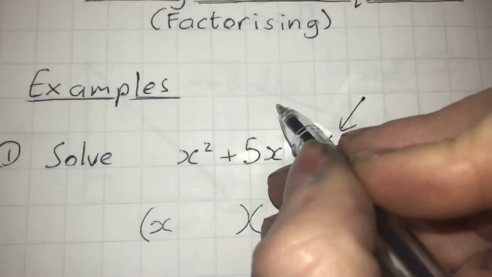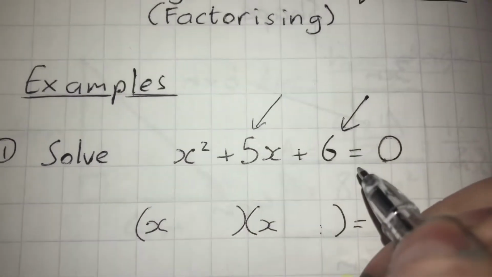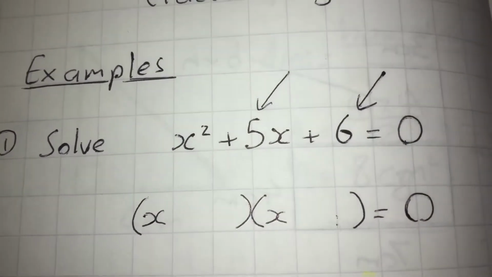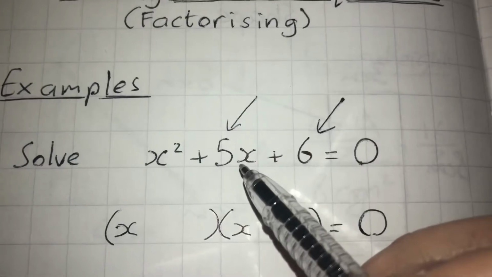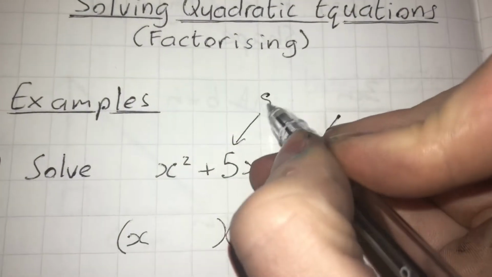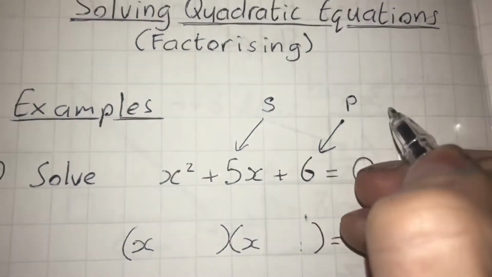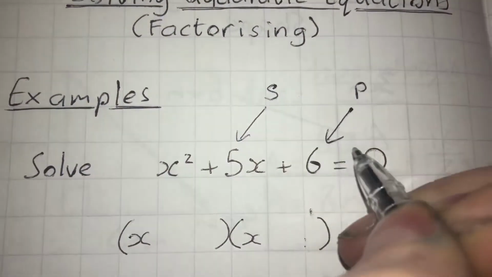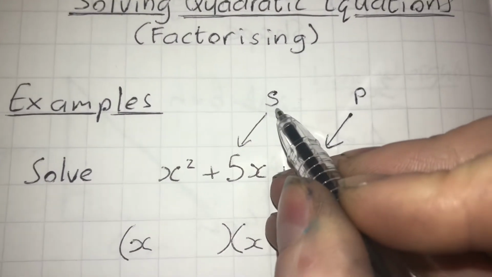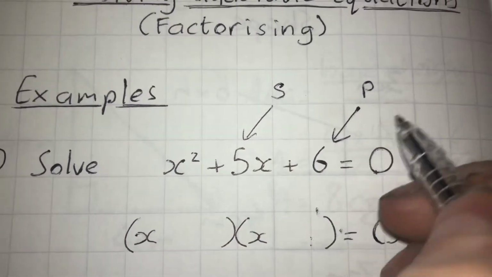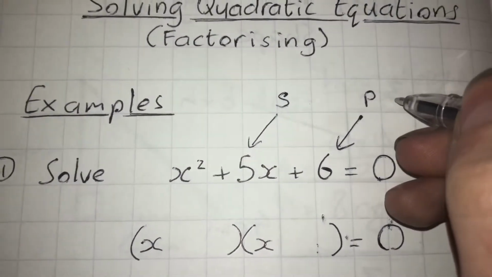Again, just recapping on the video lesson on factorizing quadratic expressions, the coefficient of x is what's known as the sum, and the number that's shown here is what's known as the product. So we need two numbers that add to give us 5 and that multiply together to give us 6.